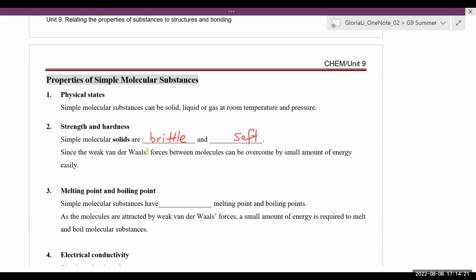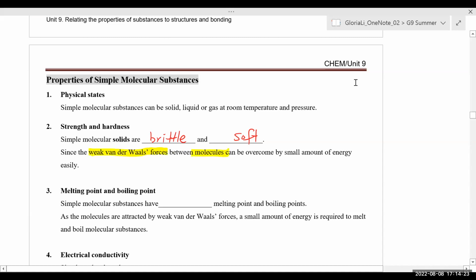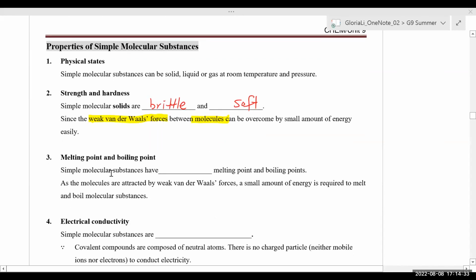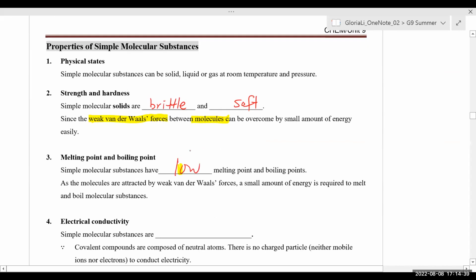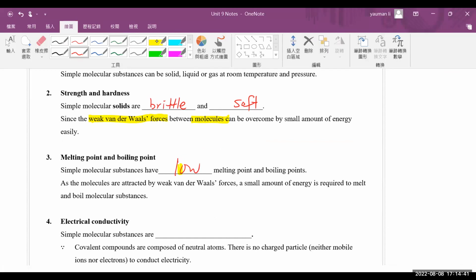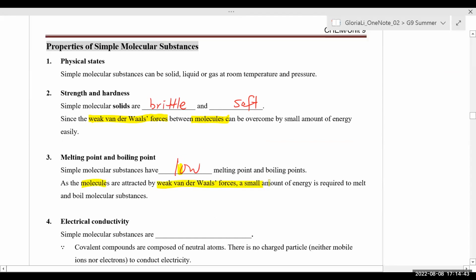So it just requires a small amount of energy to break them down, and they will be brittle and soft. And then the melting point and boiling point will be low, right? So the explanation is quite simple. It's again due to the weak van der Waals force between the molecules.